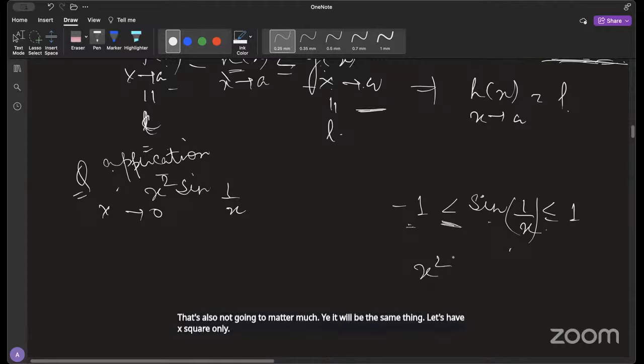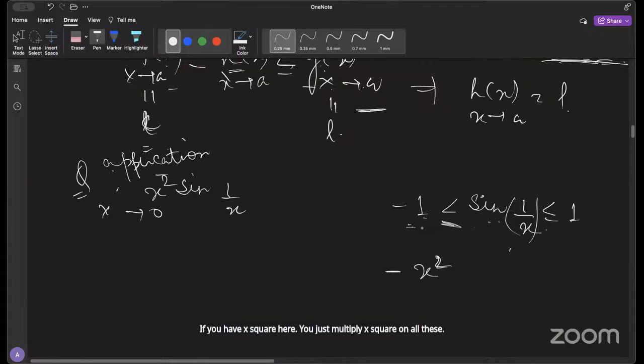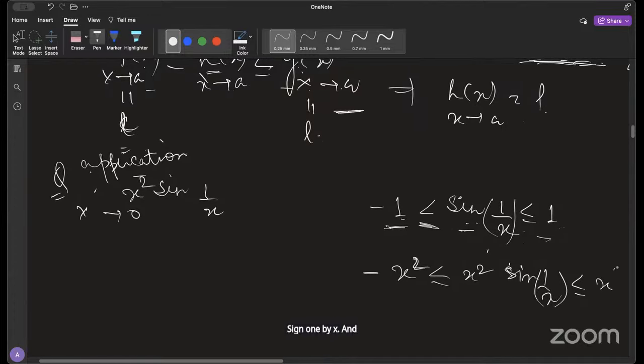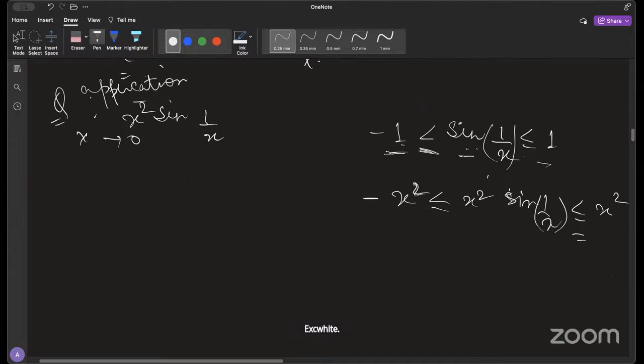If you have x square here, you just multiply x square on all these three. Multiply x square here, here, and here. So you will get this thing: sine 1 by x, and then x square. As x tends to 0, you need to find this limit, right? So what's the limit of minus x square when x tends to 0? 0.